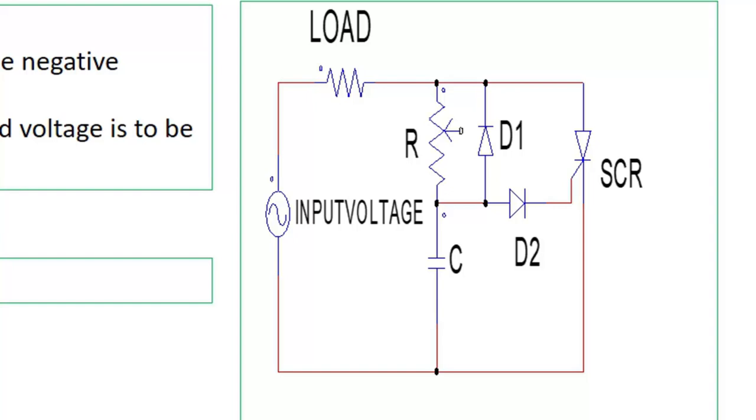In the negative half cycle, current has two options. It can go through R or pass through D1, but D1 will give a lesser impedance path. So it can be assumed that all the current passes through D1. In the negative half cycle, the direction of current will be through input voltage, capacitance, D1, load and back to input voltage.